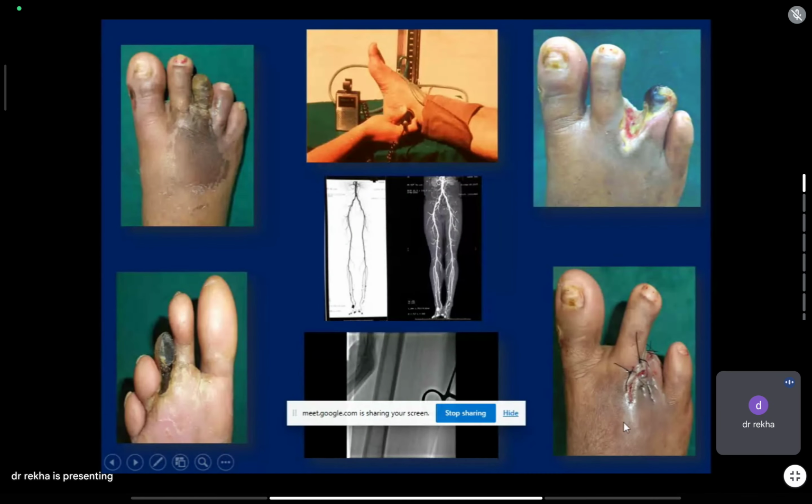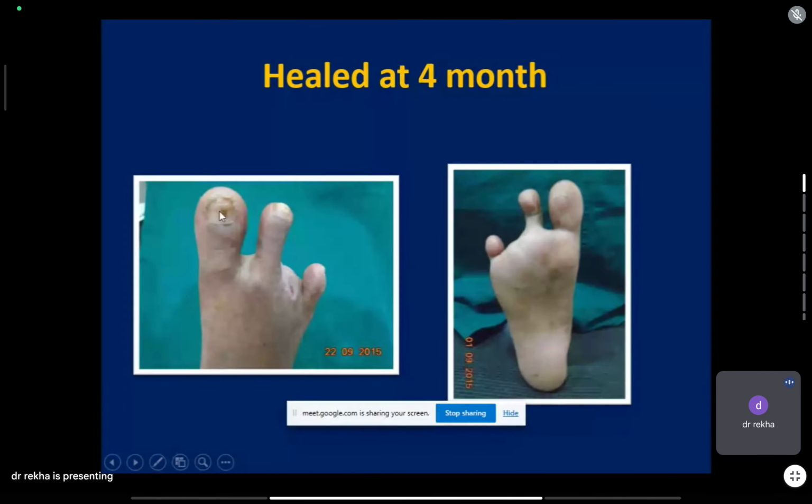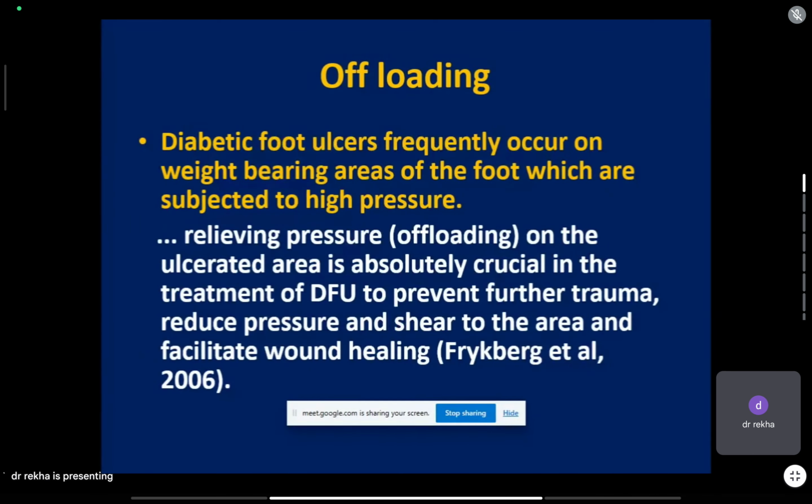So we had to sacrifice 2 toes, and the patient healed in 4 months. So in neuropathic ulcer, it took 2 weeks to heal, but in peripheral vascular disease, it took 4 months to heal.